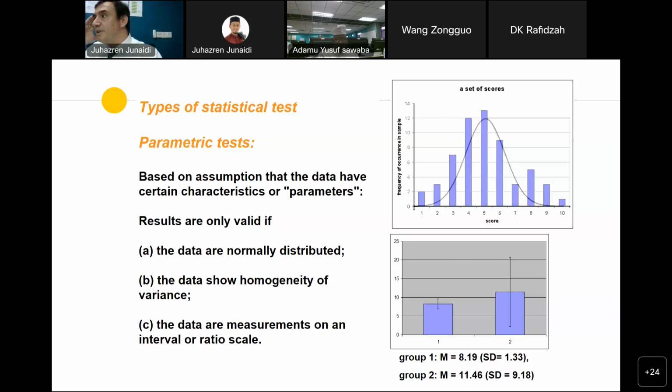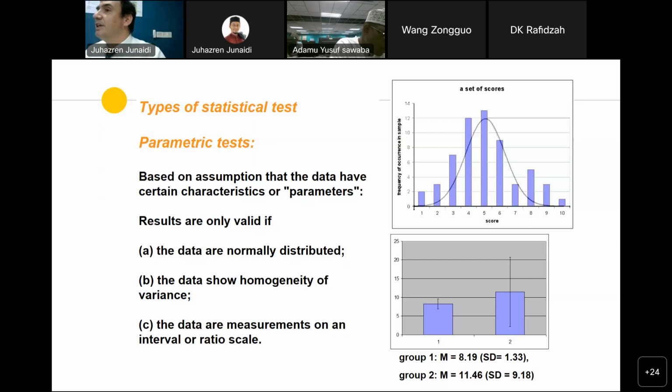Please write it down somewhere. So parameter is the data value measurement of the whole population, okay? Parameter, the whole population, the average age of the population in a specific region, the whole population, okay?